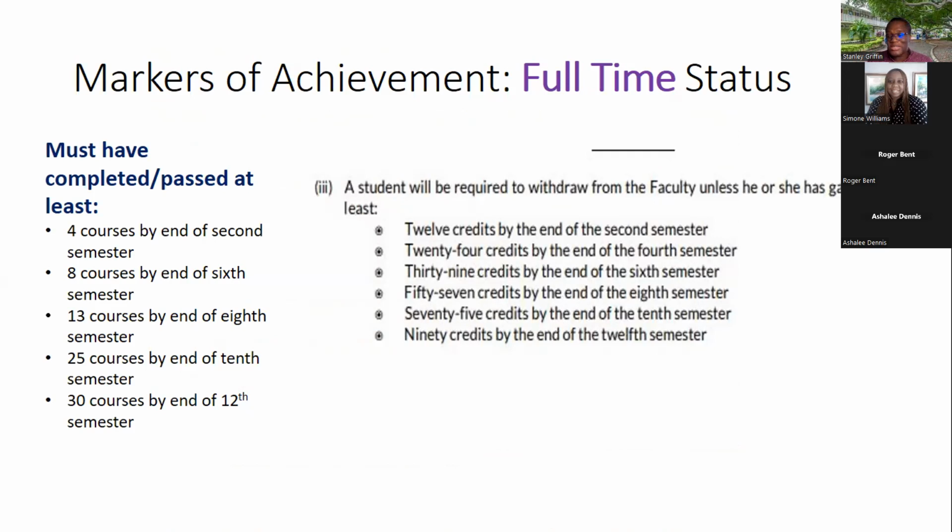By the end of your second semester, you should have passed at least 4 courses. By the end of your 6th semester, let's argue, second year, you should have passed at least 8 courses. By the end of your 8th, 13, end of your 10th, 25, end of your 12th, 30 courses.